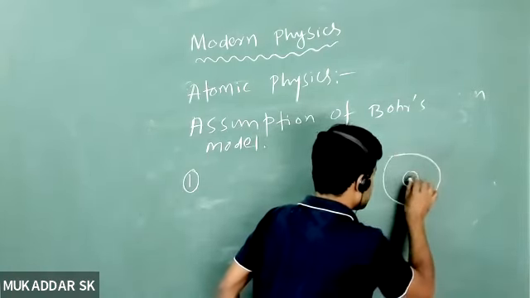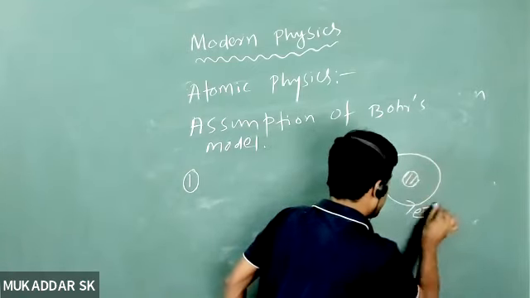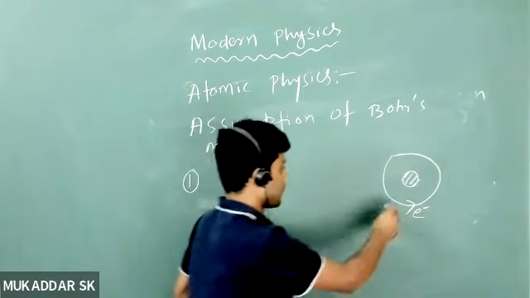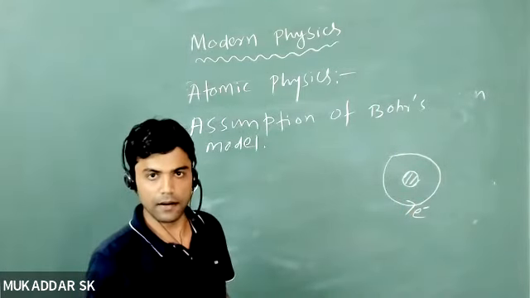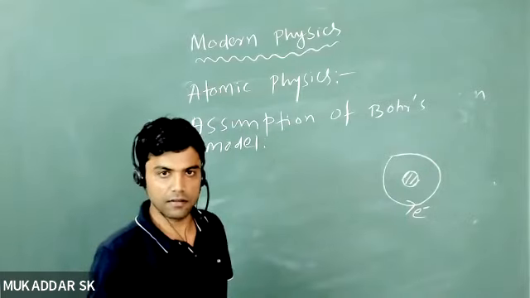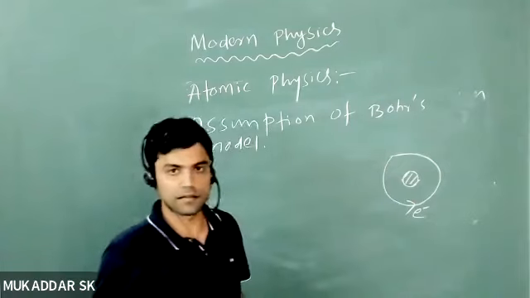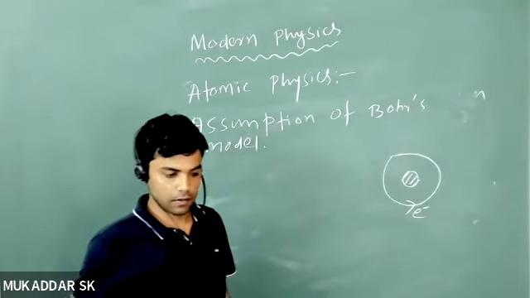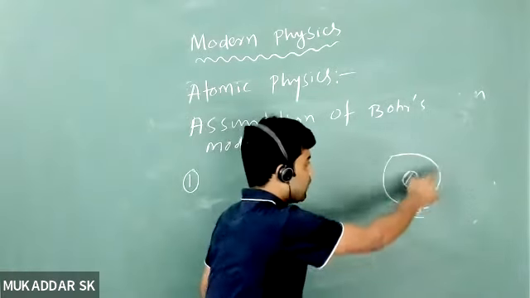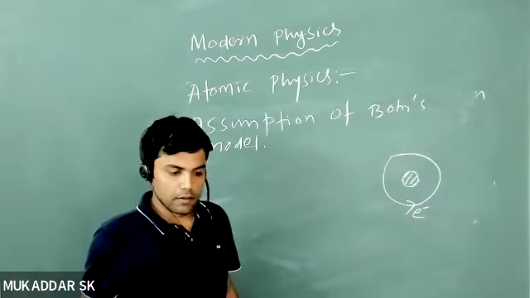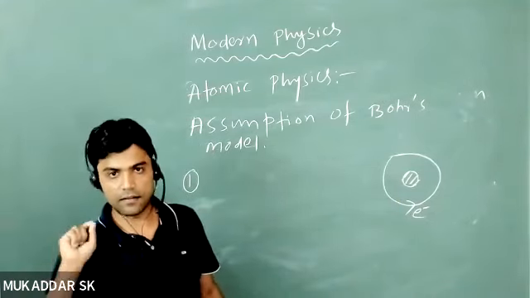Suppose this is your nucleus, and an electron is revolving around this nucleus in a circular orbit, and that orbit is stable. So the first assumption is that the electron's orbit is stable and circular in nature. Please write it.